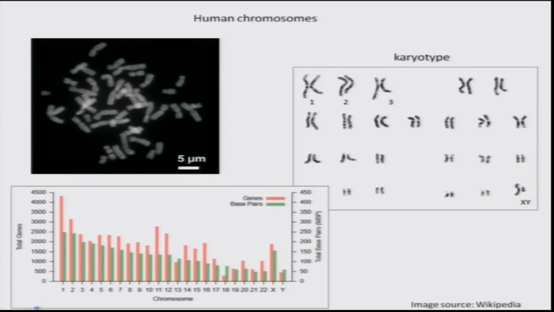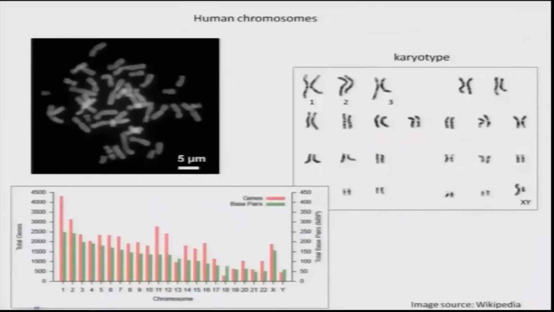Now, if you look into the chromosomes, as you could see in the karyotype, the chromosomes vary in their size, chromosome 1 being the largest and chromosome 22 being the smallest, and these are present in both male and female. As a result, you can also expect the DNA present in each chromosome to vary according to its size.